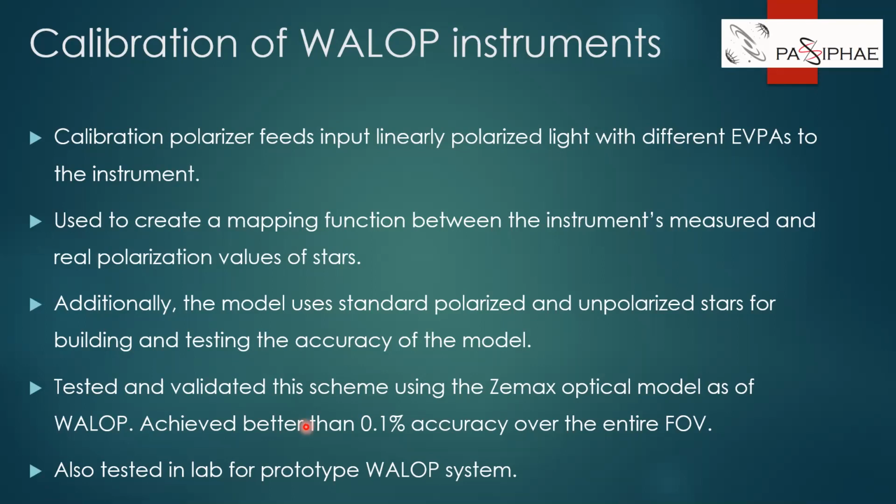We tested this scheme using the Zemax optical model, using the various polarization analysis features in Zemax. And we have been able to achieve better than 0.1% accuracy for the entire field of view. And to get an idea of how things work in real life as well, we created a prototype Wallop system in the lab. And there also we have been able to achieve 0.1% accuracy in the calibration for the system.